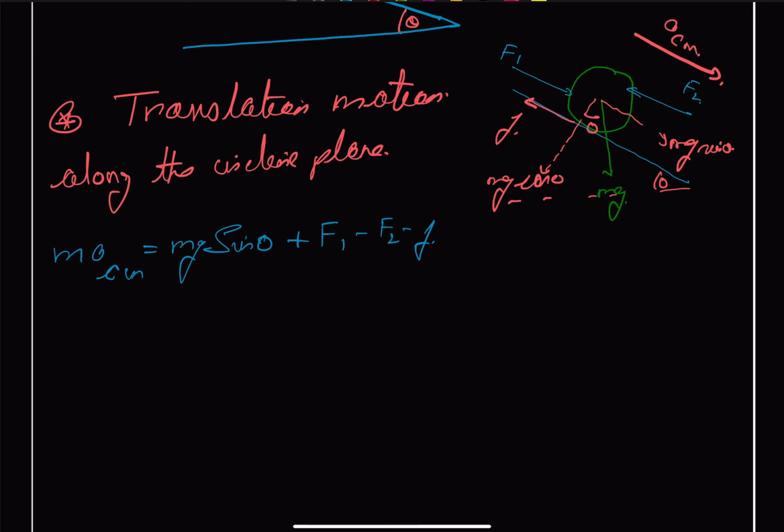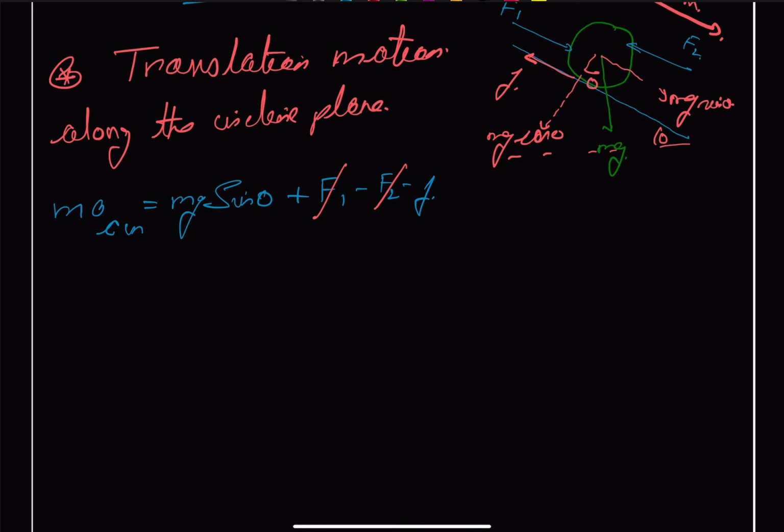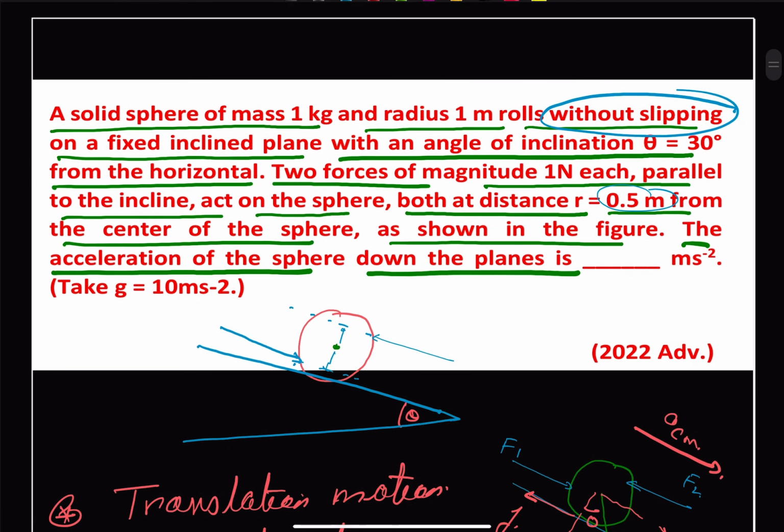F1 and F2 are of the same magnitude, so they cancel, and theta is 30, so we can substitute. Mass is given as 1 kg.